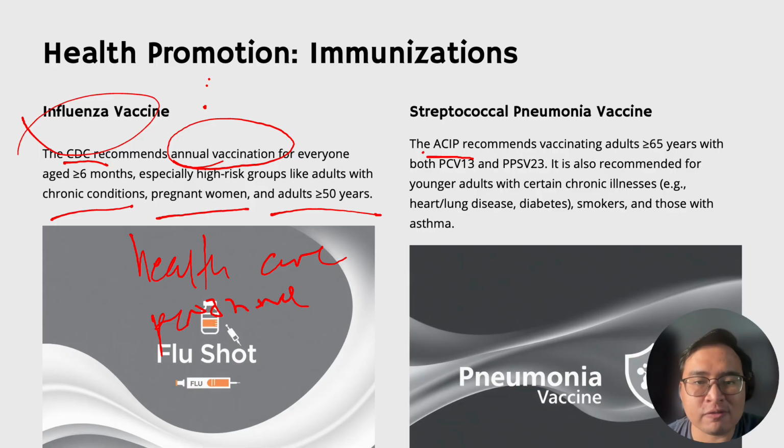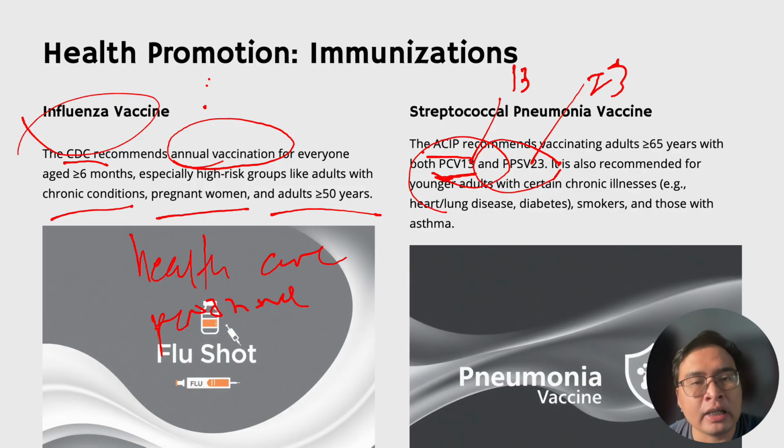So there are two types of vaccine, pneumococcal conjugate vaccine and the polysaccharide vaccine, PPSV23 and PCV13. So the numbers correspond to the valency, meaning the number of subtypes that they target. So PCV13 targets 13 different subtypes, which is 13 valent, while PPSV23 targets 23.